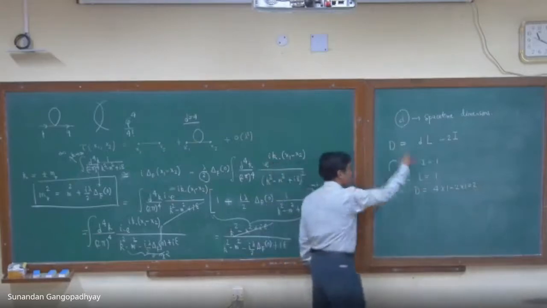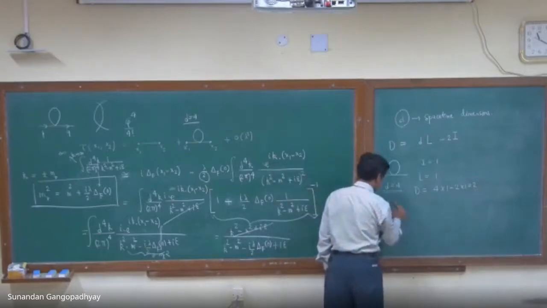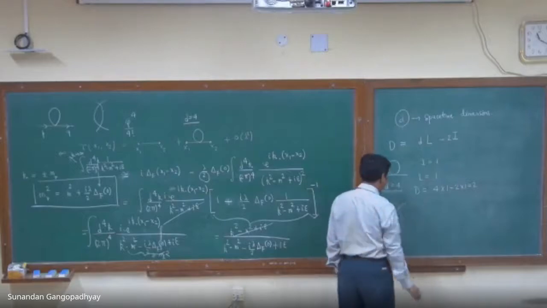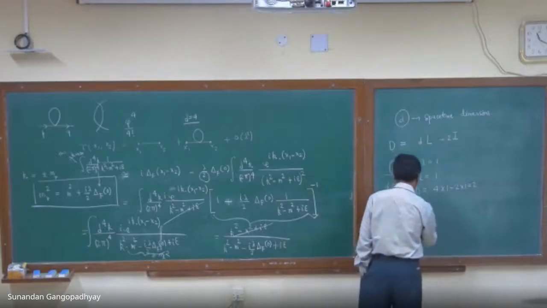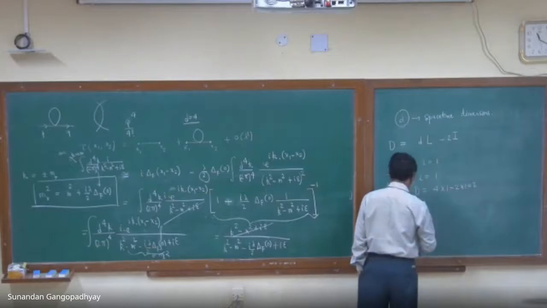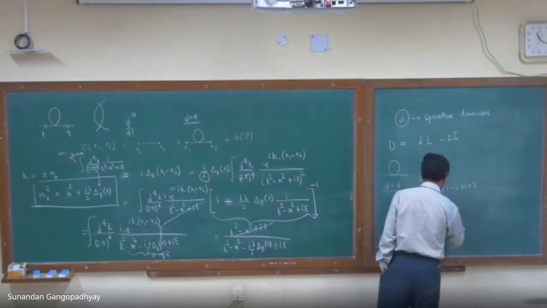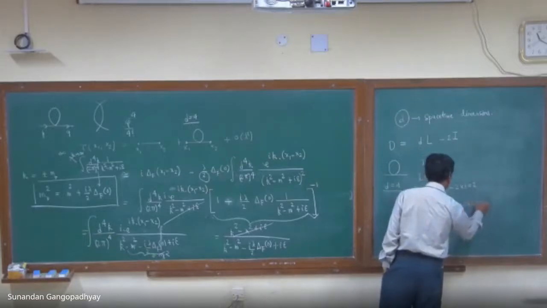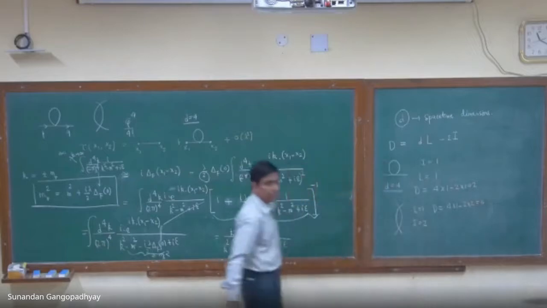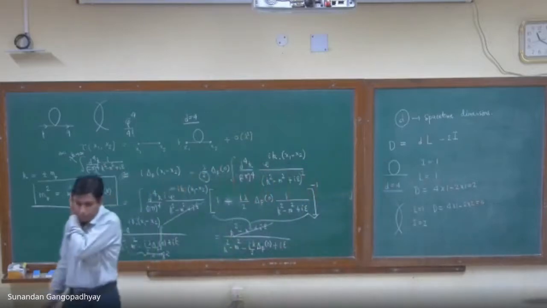For this other diagram, the loop number is 1, small d is 4, and the number of internal lines is 2. Therefore, D in 4 dimensions is 4 into 1 minus 2. This shows that this is logarithmically divergent.